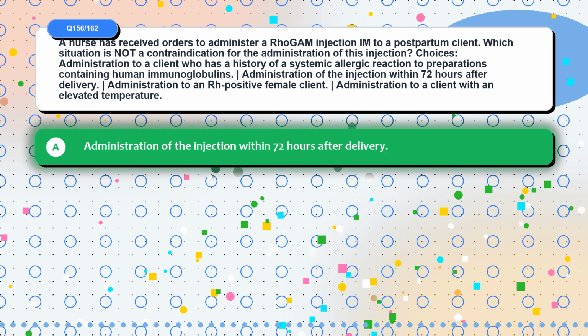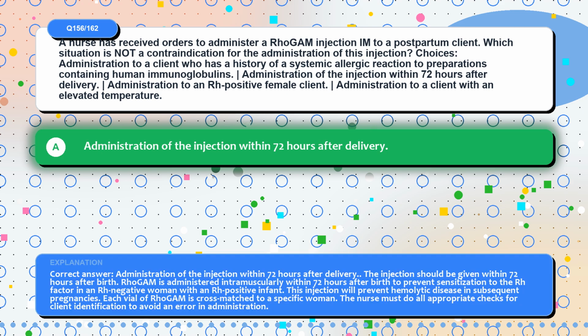The correct answer is option A: administration of the injection within 72 hours after delivery. The injection should be given within 72 hours after birth.